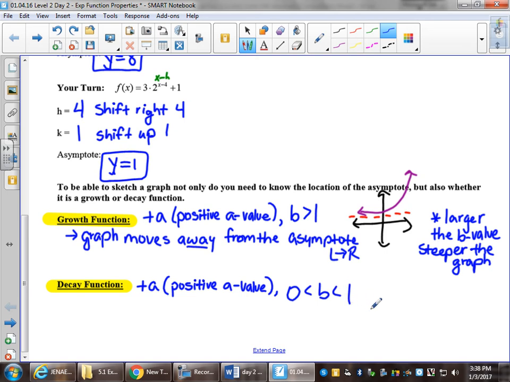It's going to be a fraction between 0 and 1. So let's actually write that. B is a fraction between 0 and 1.